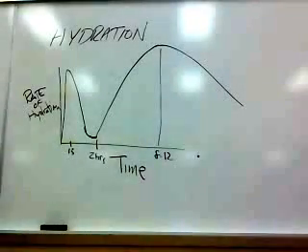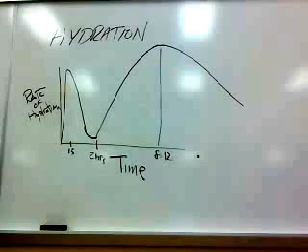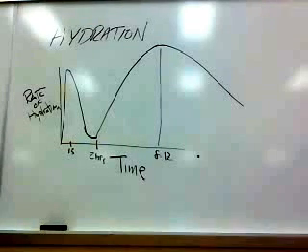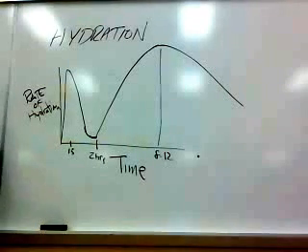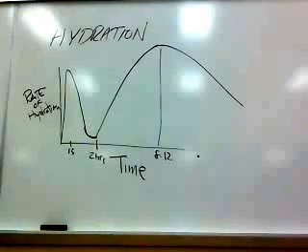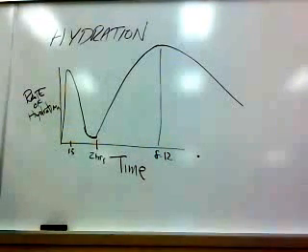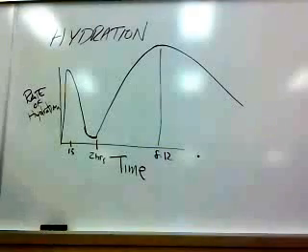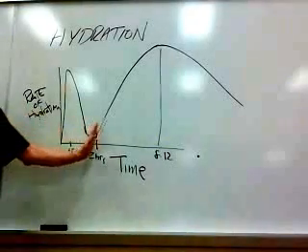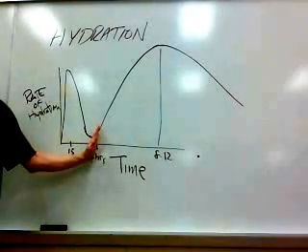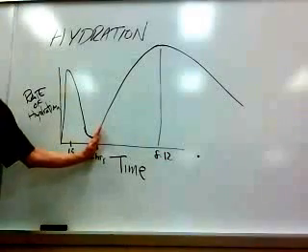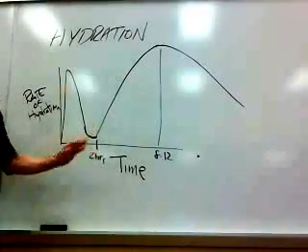So, here's what's happening. Here's why you care about that graph. How long do you have to get concrete placed and into its forms and all that stuff? Right, roughly it's about here. Whether that's an hour, 90 minutes, 2 hours, whatever.